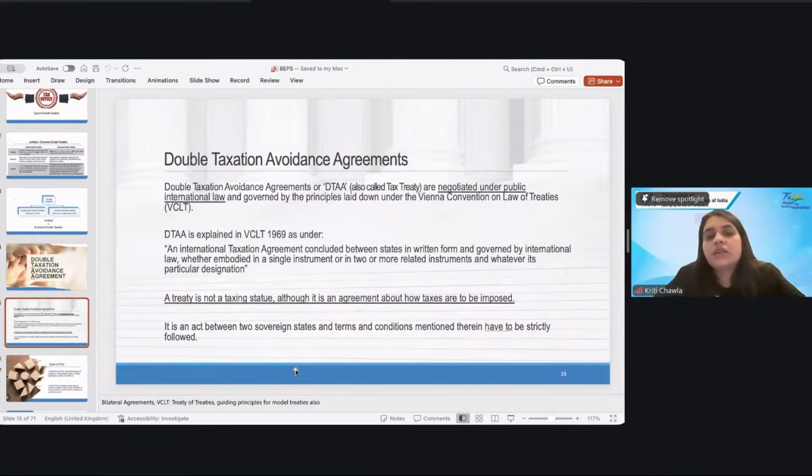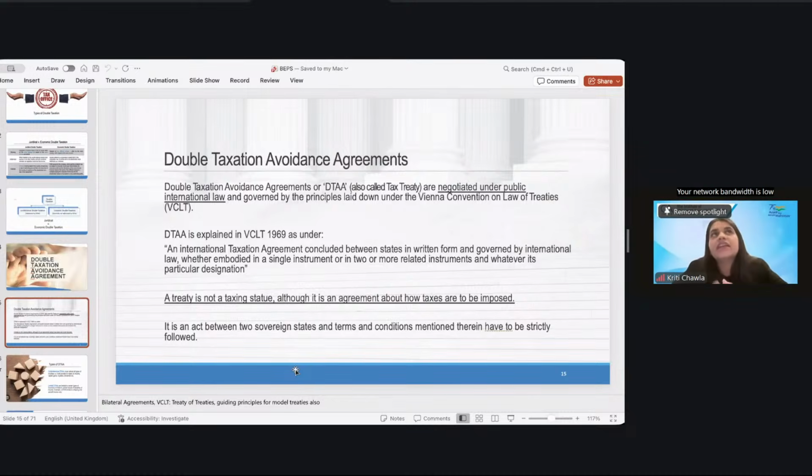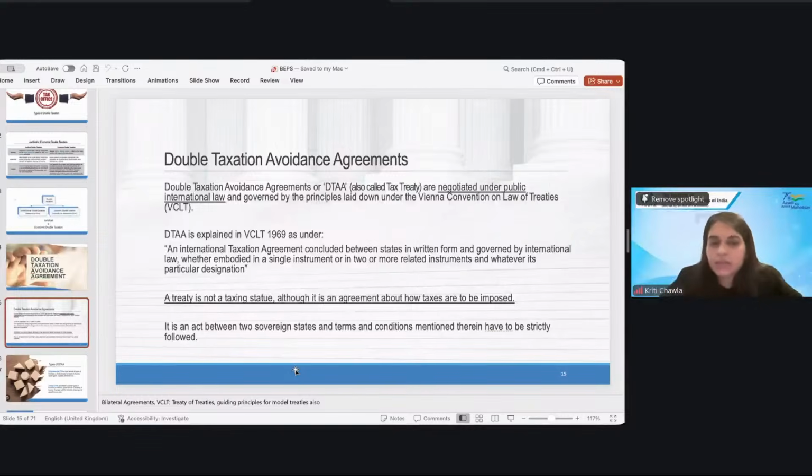They're negotiated under public international law and they're governed by the principles which are laid down under the Vienna Convention on the Law of Treaties, which is called as VCLT. So if you look at VCLT 1969, a DTA has been explained right there. It says it is an international taxation agreement which is concluded between states in written form and governed by international law, whether embodied in a single instrument or in two or more related instruments and whatever its particular designation.